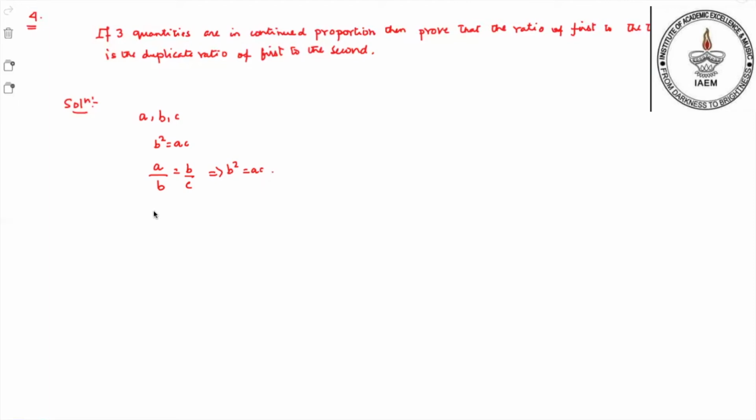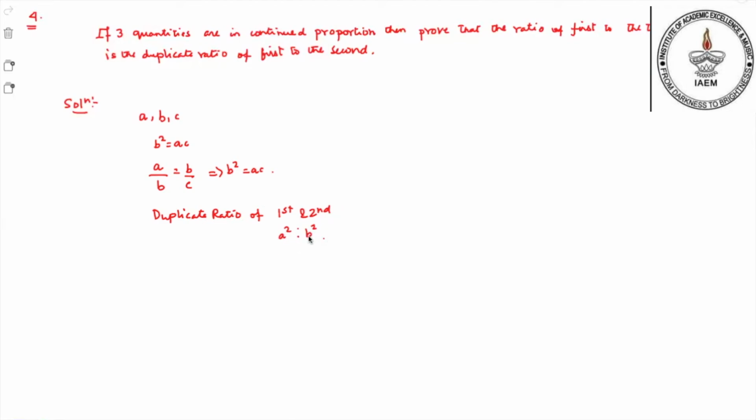Now, duplicate ratio of first and second. So duplicate ratio of first and second would be A square is to B square.